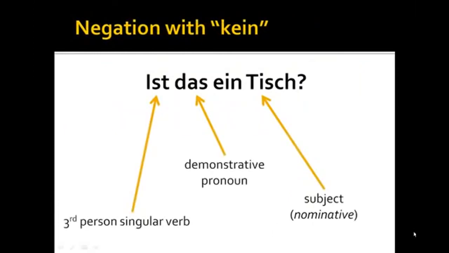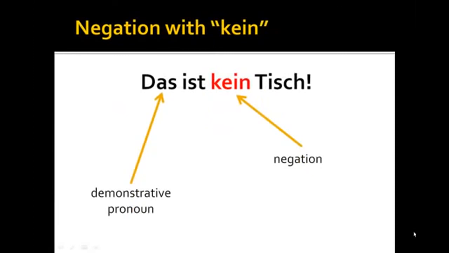So, for instance, ist das ein Tisch? Is that a table? If I want to negate the fact that that's actually a table and is something else, I will change ein into kein. Das ist kein Tisch. That is no table.